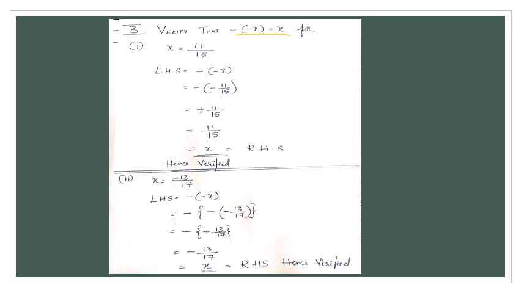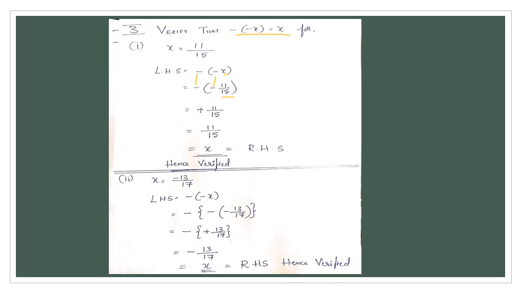So, in the first problem, they have given the x value as 11 by 15. First, let us take the LHS. LHS is minus of minus x. Children, write down the minus sign as it is. Then put the bracket as it is. Instead of x, write down the x value here, 11 by 15.